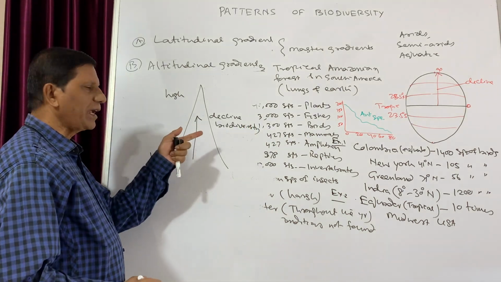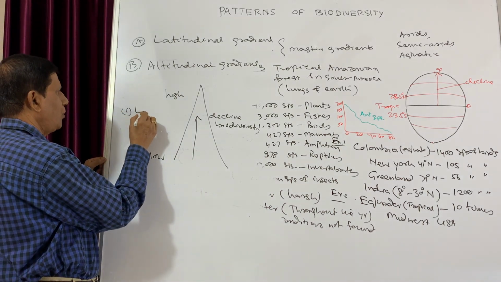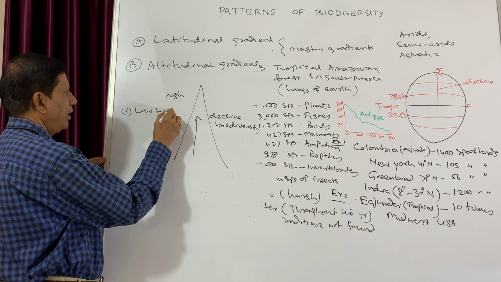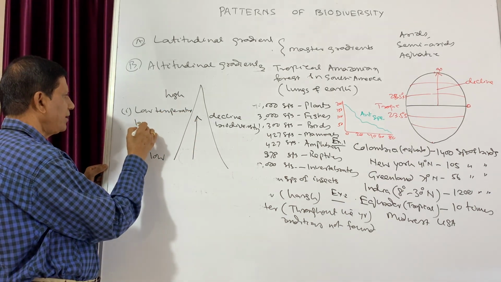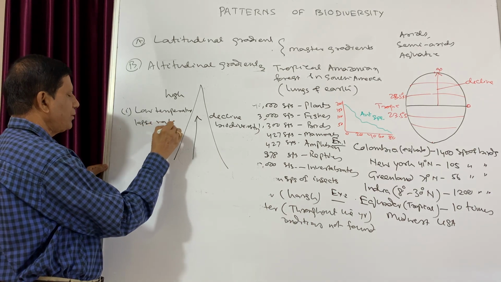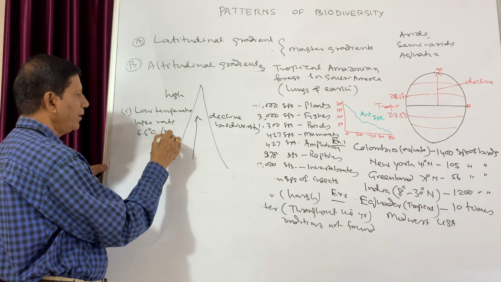Now, why will there be a decline in biodiversity? There are two reasons. Number one is low temperature. Why? Because the lapse rate is 6.5 degrees centigrade per kilometer.